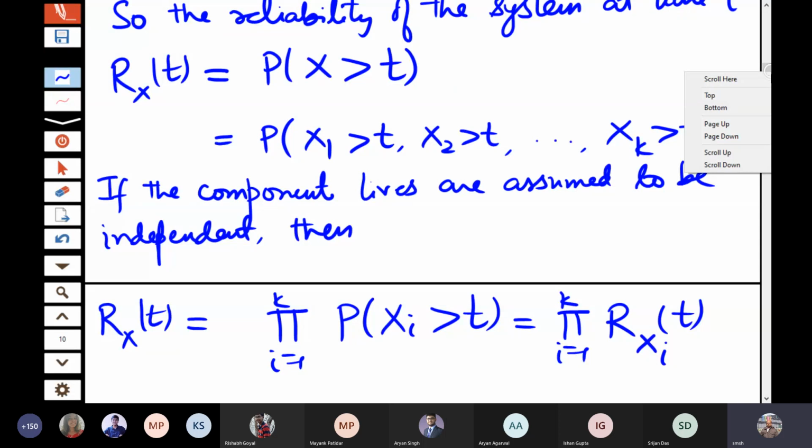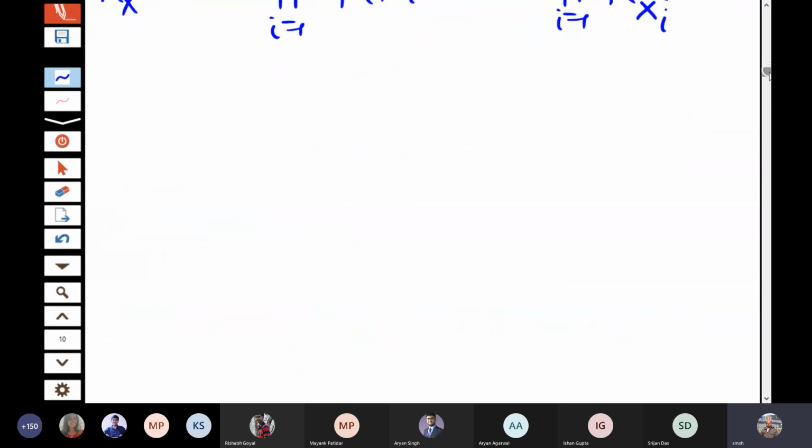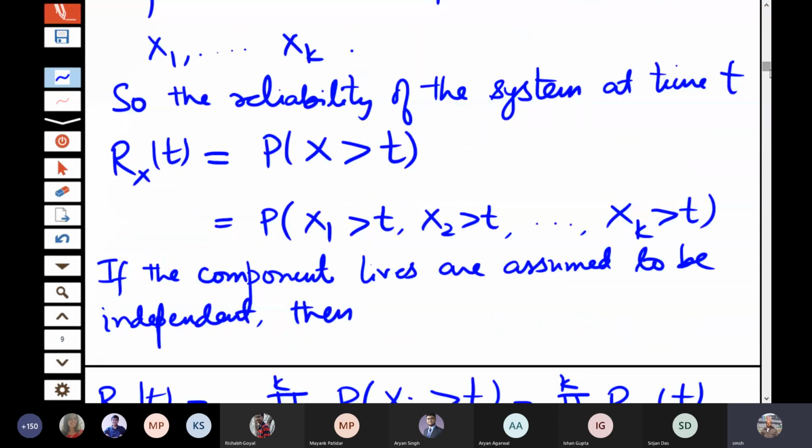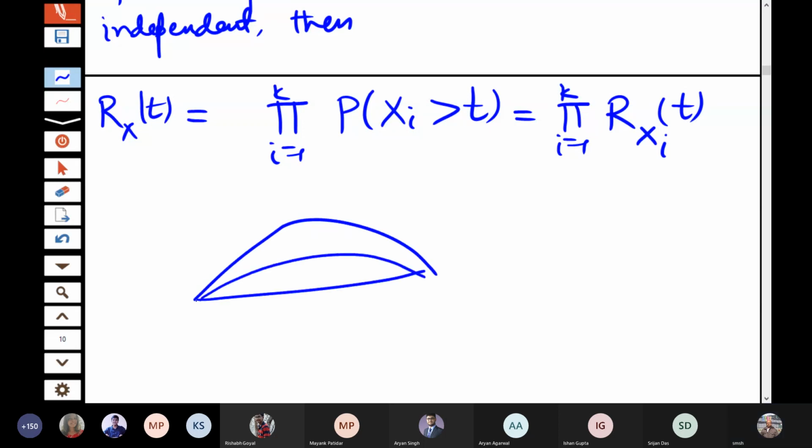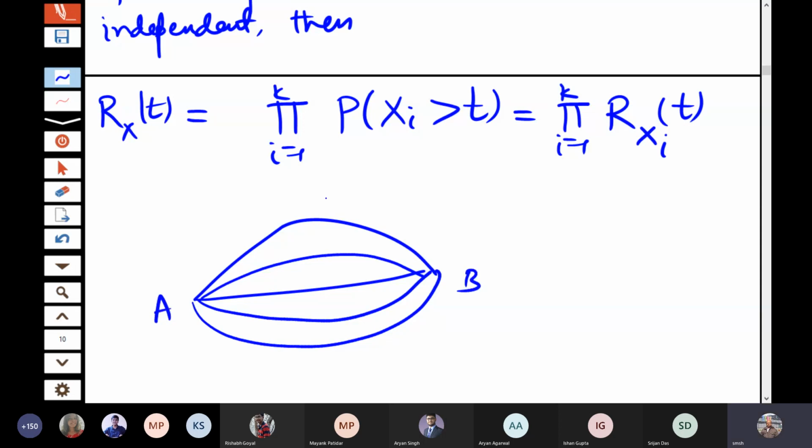Now let us look at parallel, the concept of parallelism and how it is helpful. So let us consider the systems connected in parallel. So this is x1, x2, xk.